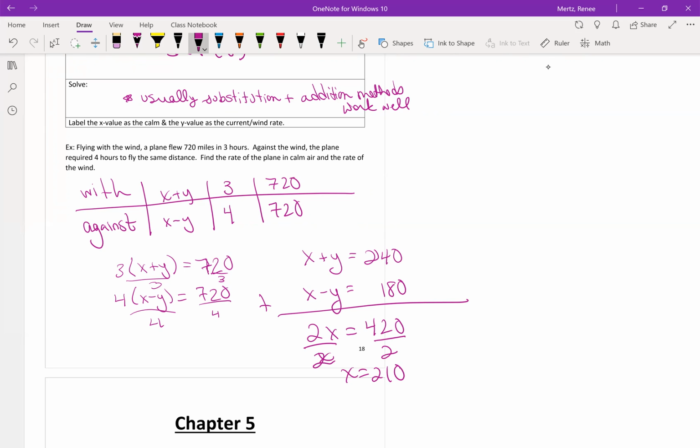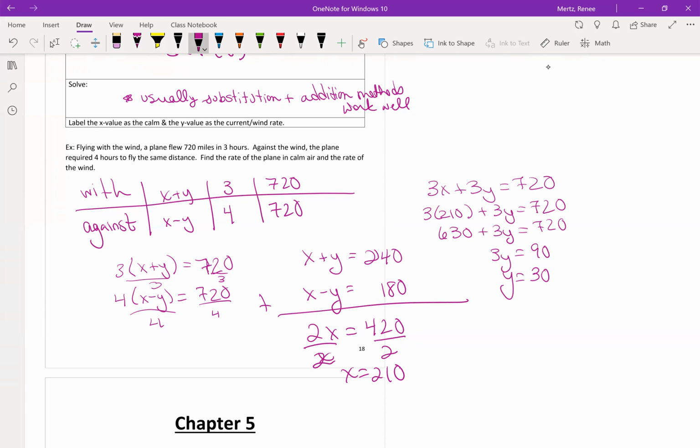And I have to plug into either original to solve for y. So I had 3x plus 3y equals 720. 3 times 210 plus 3y equals 720. 630 plus 3y equals 720. 3y equals 90.